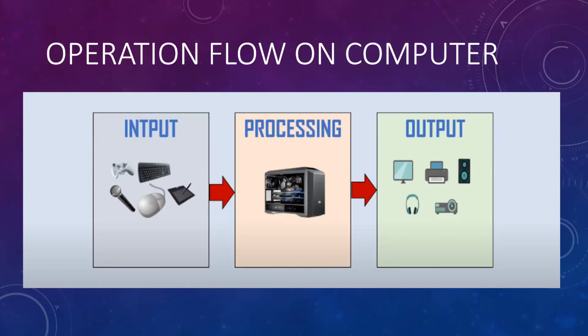If you have a microphone, you record your own voice, like songs, and then process it through the computer hardware and then output it to the speaker. That's the kind of thing it does.